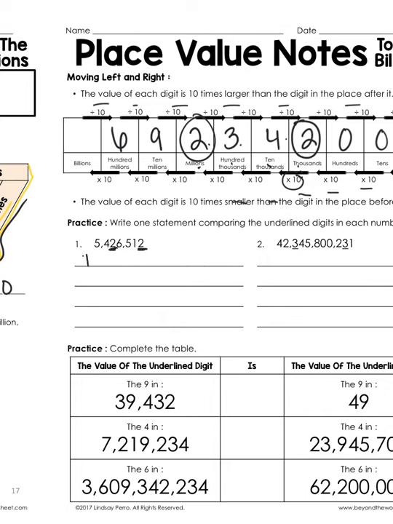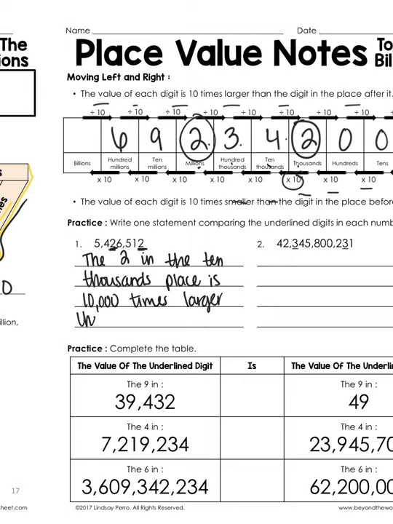So the 2 in the 10,000s place is 10,000 times larger than the 2 in the ones place.